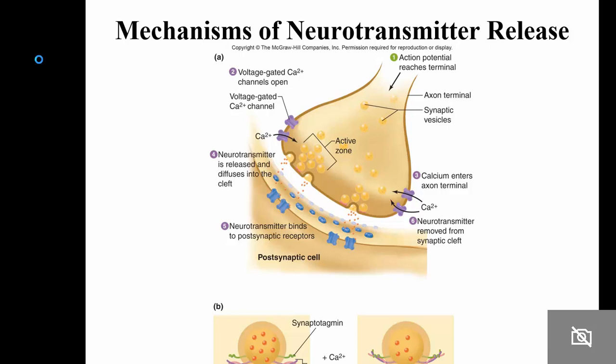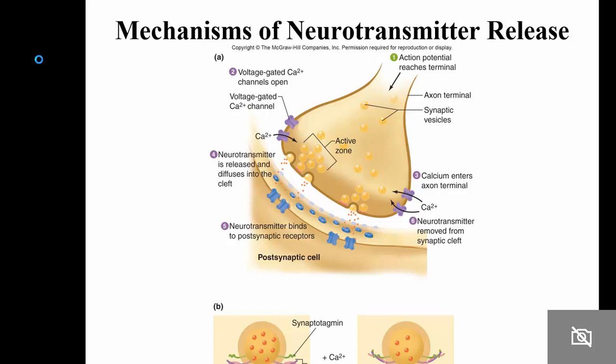Botulinum toxin, botulism, will cause this problem of fusing not occurring in what are called excitatory synapses. So the motor neuron here has other neurons that attach to it that are excitatory and inhibitory.